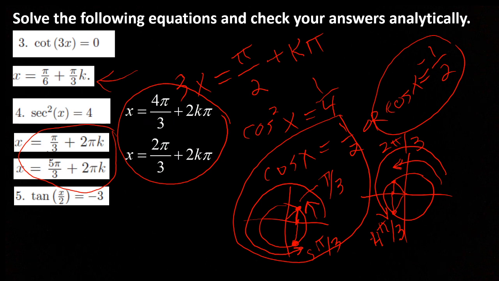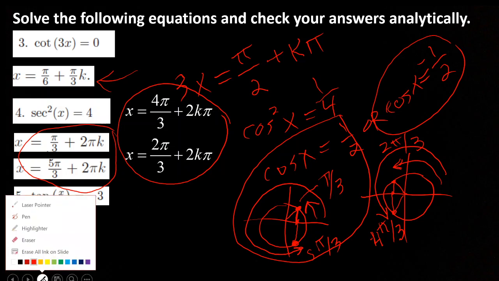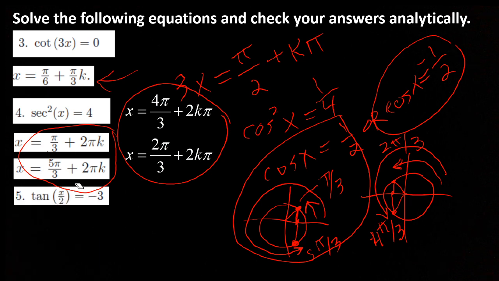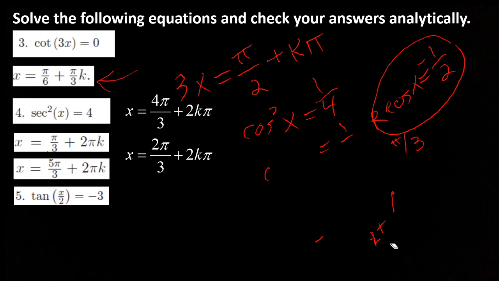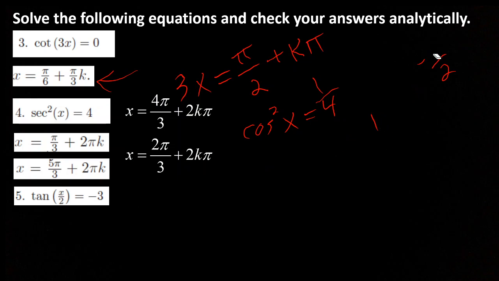Tangent x over 2 equals negative 3. Again, we can do this using tangent directly. So let's do tangent. So x over 2 is going to equal tangent inverse of negative 3.